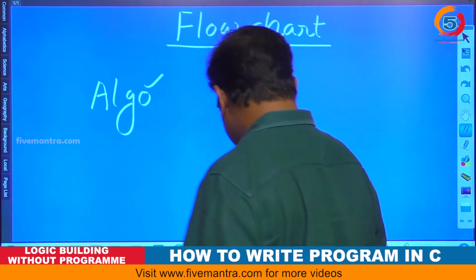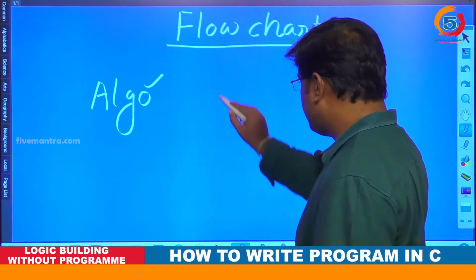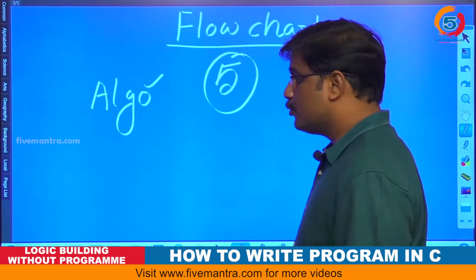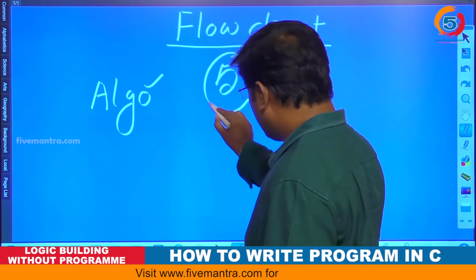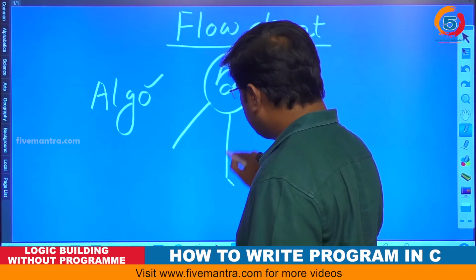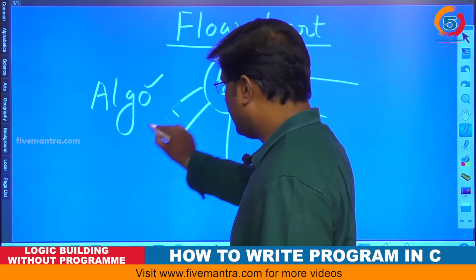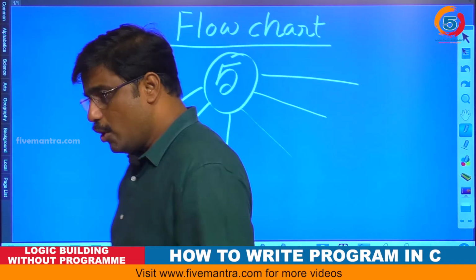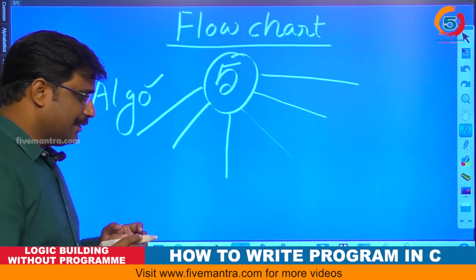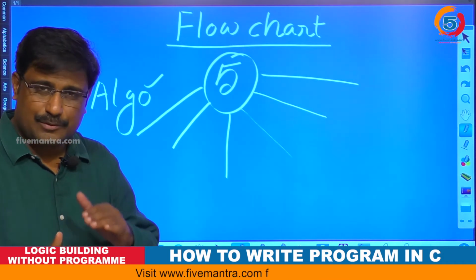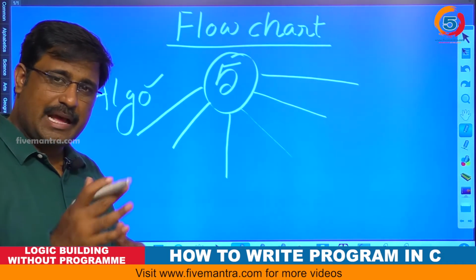Before that, we have to know what the symbols are. As I already said, we have only 5 symbols. Based on your activities, I am going to discuss them first. When I need to explain a problem, first of all I have to start, and once it is completed I have to end.